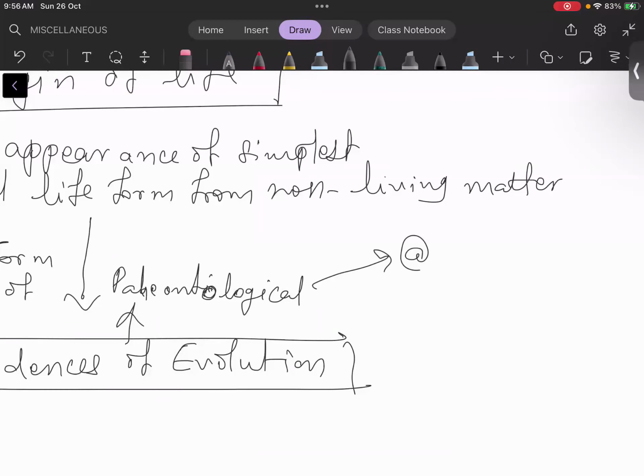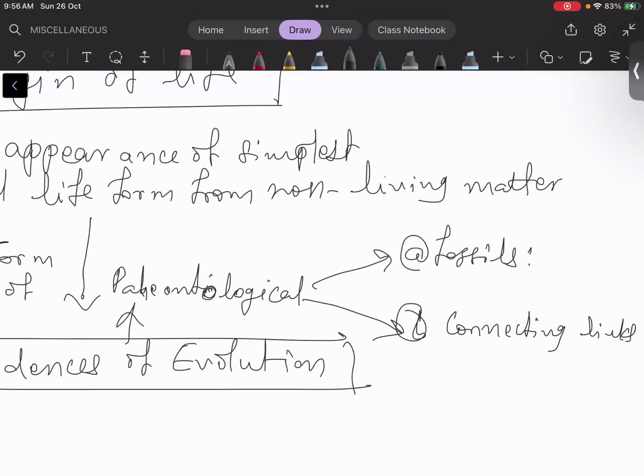First one is fossils, and second one is connecting links. Fossils are remnants or impressions of an animal or plant that can be preserved in the earth crust.